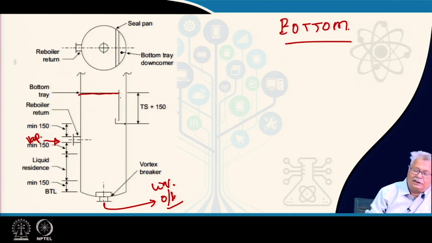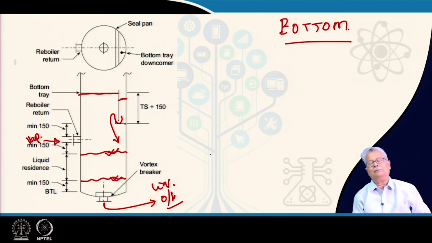What you have here is a level of liquid, and the liquid has to overflow like this. Now, the question is, where will you keep your liquid? What will be its level? There will be a minimum and a maximum value of liquid level, so your liquid level will lie between the upper limit and the lower limit.